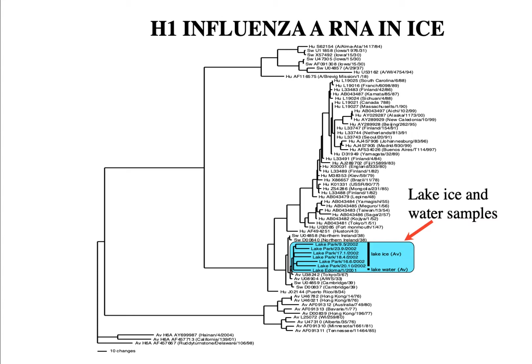So the sequences we got were here in both lake ice and lake water, primarily from Lake Park. I think we only got one sequence from the other 2 lakes, but we got several sequences from Lake Park.